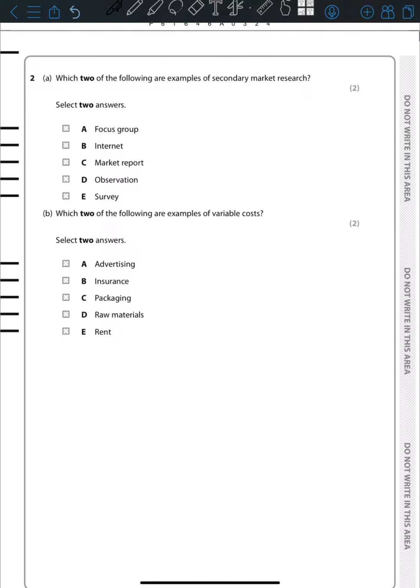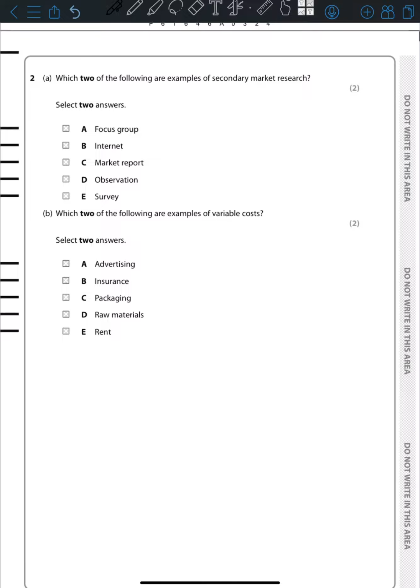Same drill. First 2 MCQs. Part A says, which 2 of the following are examples of secondary market research? We're going to go by trial and method again. We have to select 2 answers. Part A says focus group. This is not secondary market research.